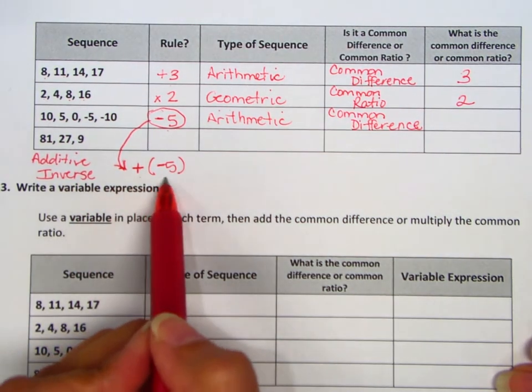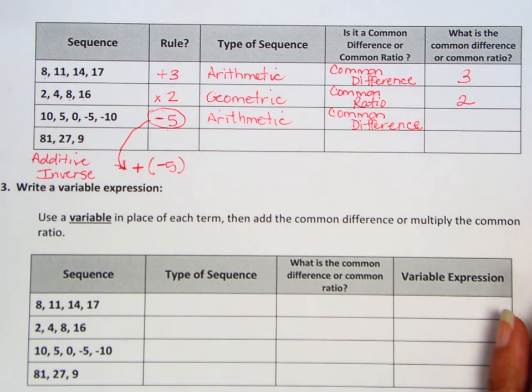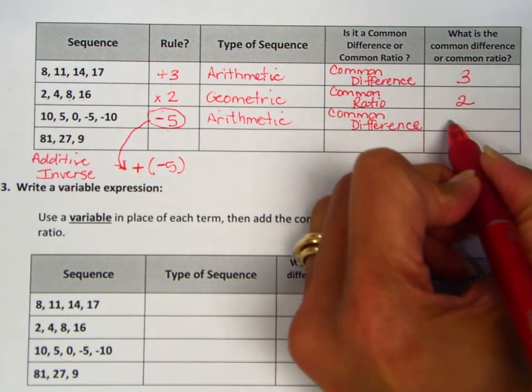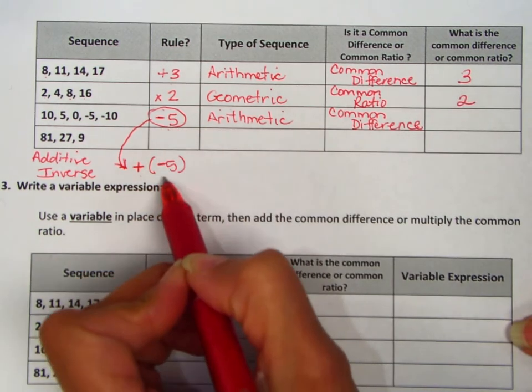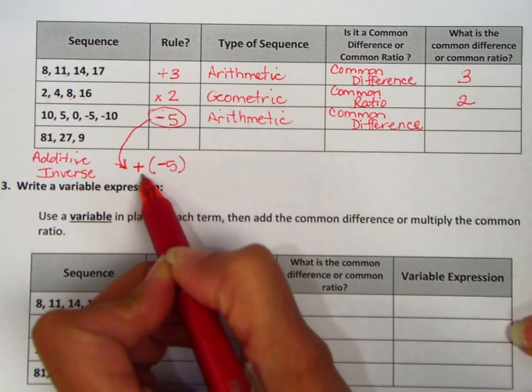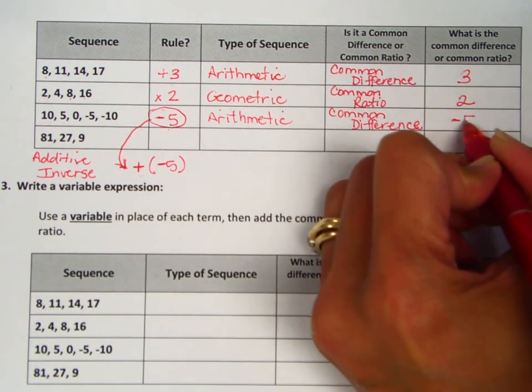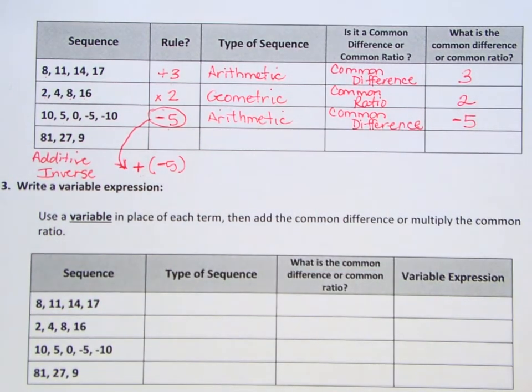We're flipping and changing to make that plus -5. Remember, that's additive inverse. So when I have my common difference, I am not going to put just the 5. I'm going to put a -5 because that is what I'm adding.